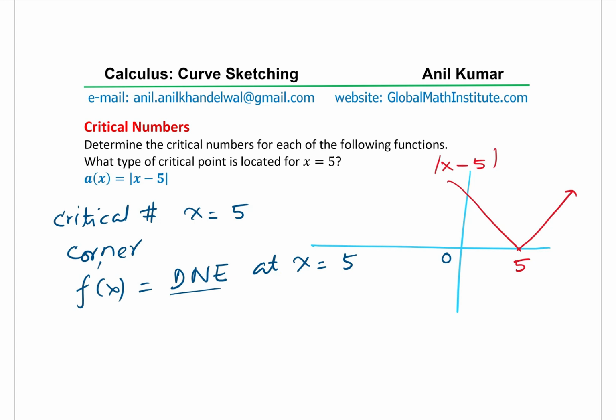So when you say that the first derivative is 0 or does not exist, we get a critical number. So we do have a critical number here. Perfect. So that is what is very important to understand. And at this critical number, we have a local minimum.